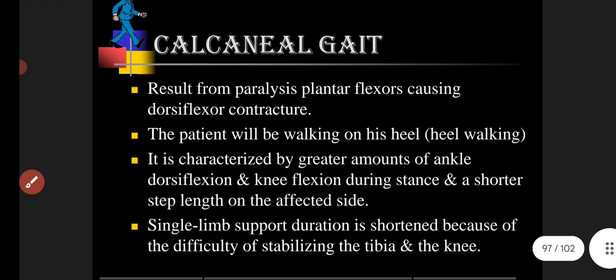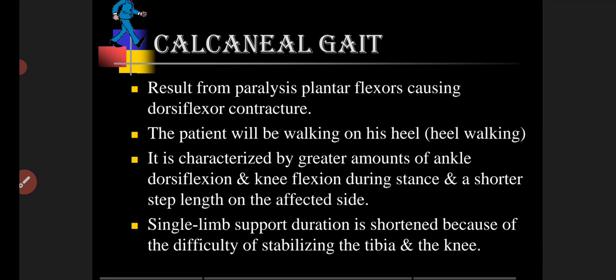Now, calcaneus gait results from paralysis of the plantar flexors causing dorsiflexion contracture. The patient will walk on his heel only. In equinus gait, the patient walks on his toes only. In calcaneus gait, he walks on his heel. The bone beneath the heel is the calcaneus bone.